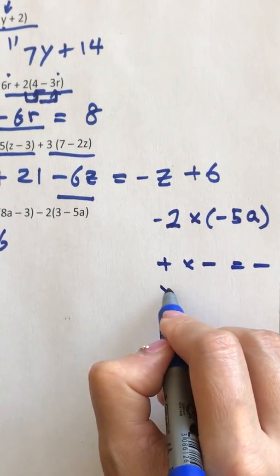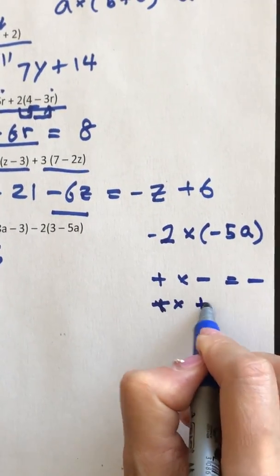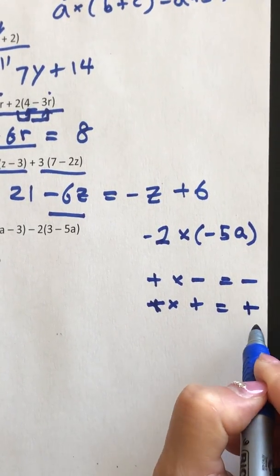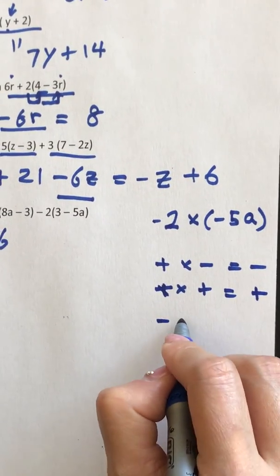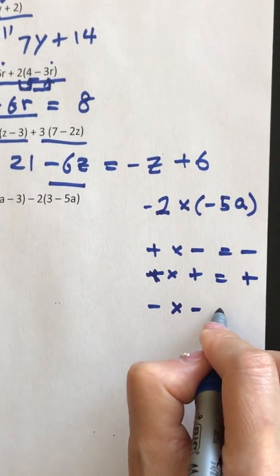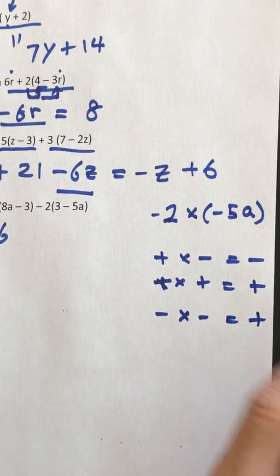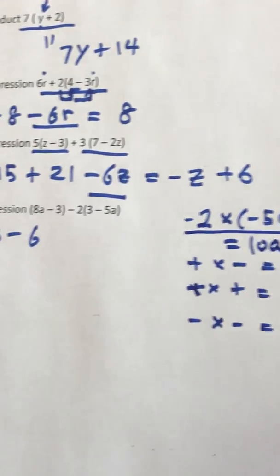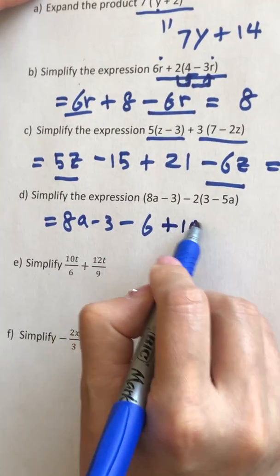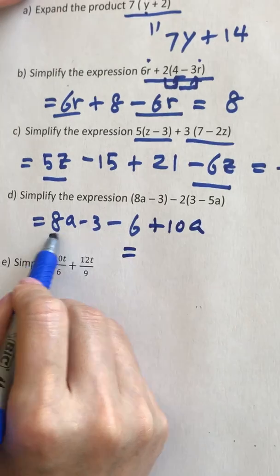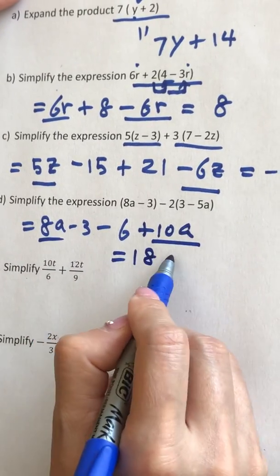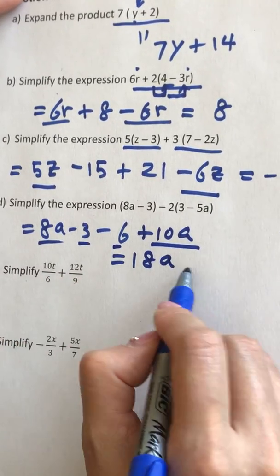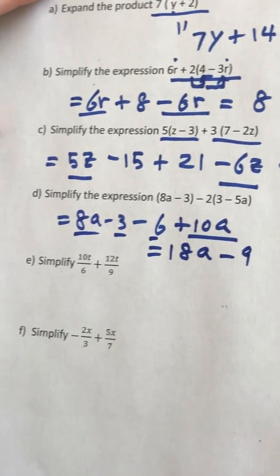If we have a plus multiply plus sign, that gives you a plus sign. In this case, negative multiply a negative gives you a plus sign. So this would give you 10a. So the last term is 10a. So collect these terms, that gives you 18a. Collect these terms, gives you minus 9.